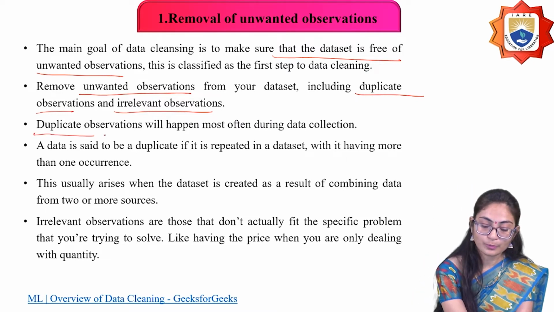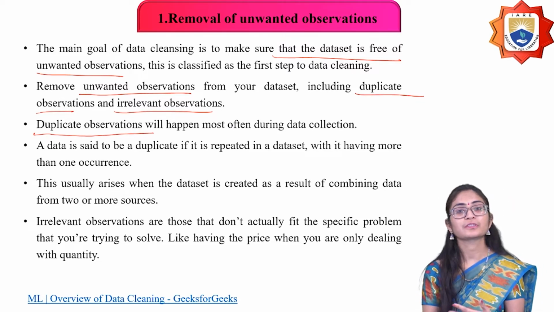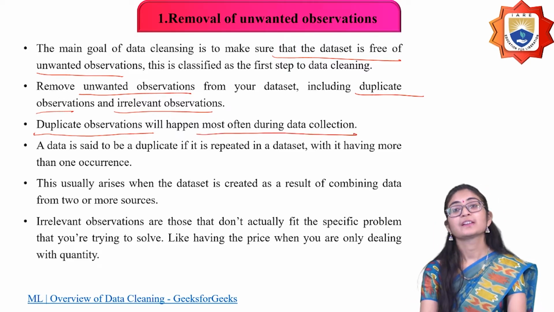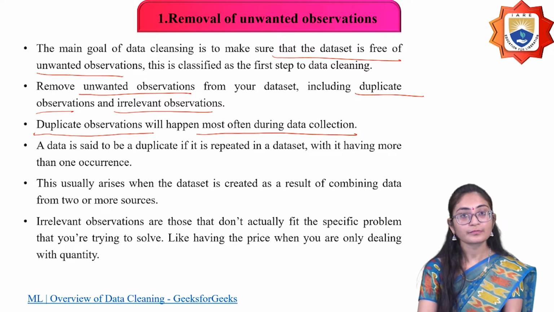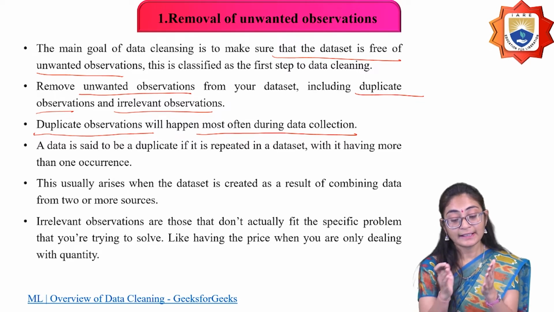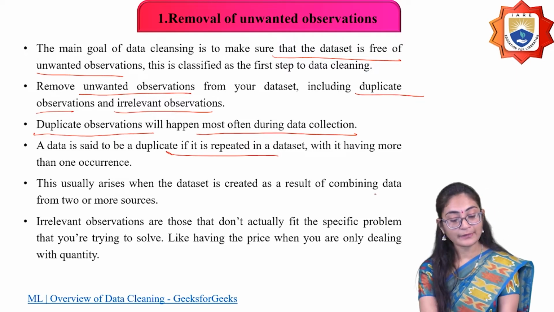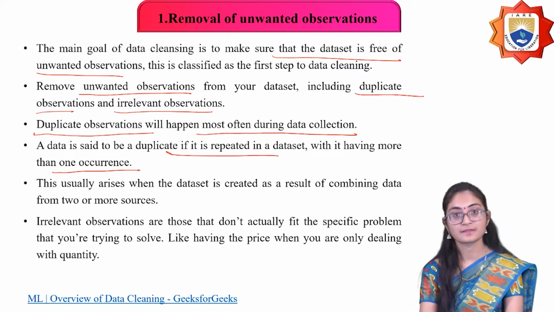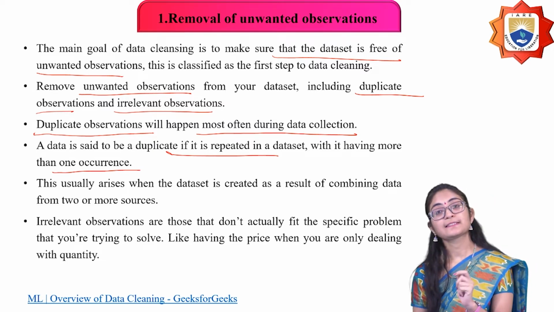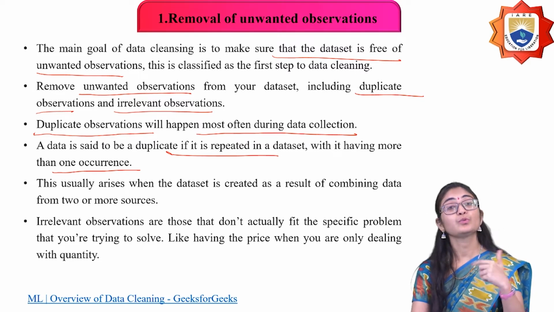Then, what is duplicate observation? It can happen at the time of collecting the data. Data is said to be duplicate if it is repeated in the dataset, with it having more than one occurrence. This usually arises when a dataset is created as a result of combining the data from two or more sources.